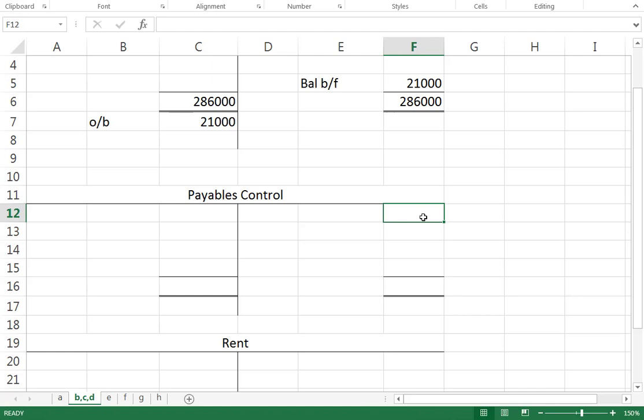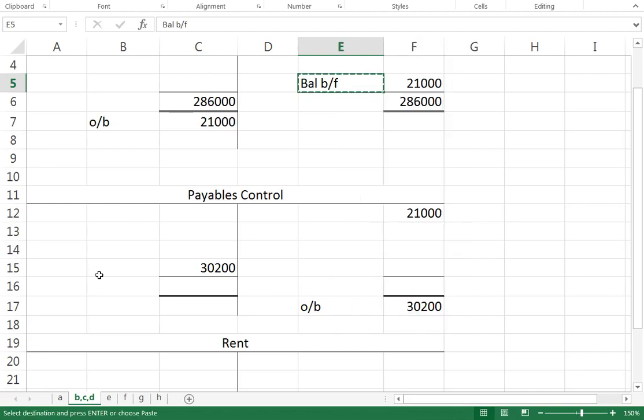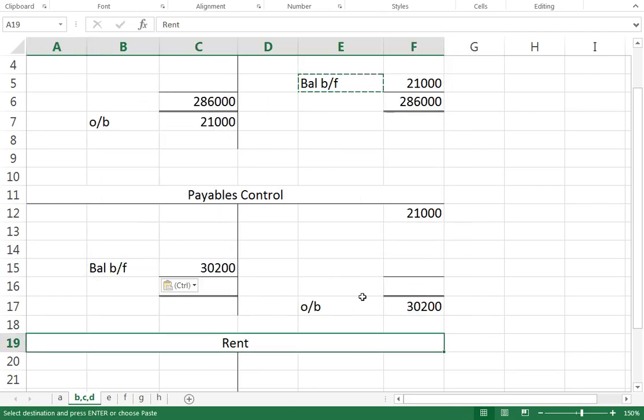So what was the first number there again? 21,000, and the closing figure is 30,200. Okay, so I'm going to bring it back over this side. So that's going to be my opening balance in the following month, or my balance brought down. This is going to be my balance brought forward. Okay, so far they're the 3 numbers that we have.